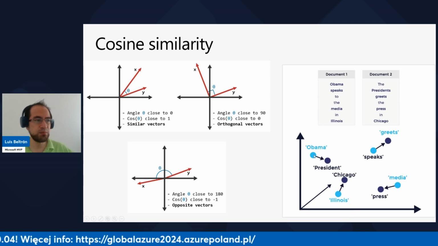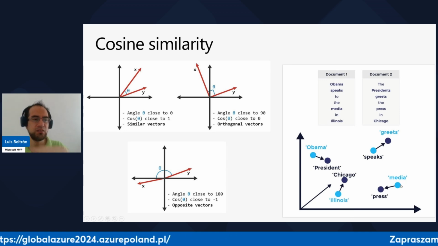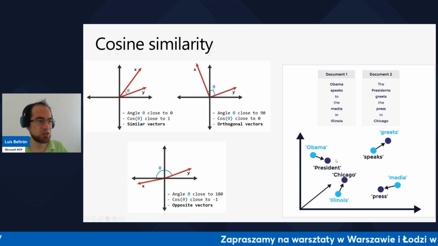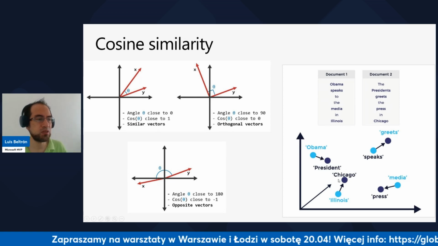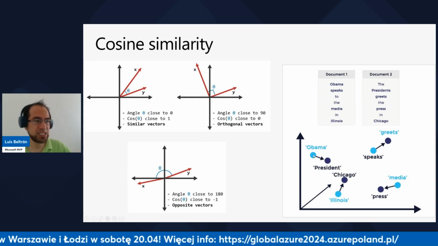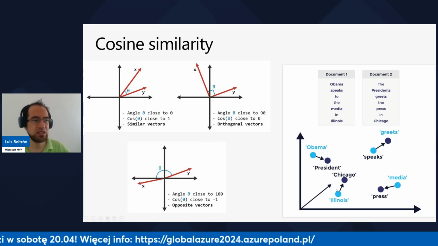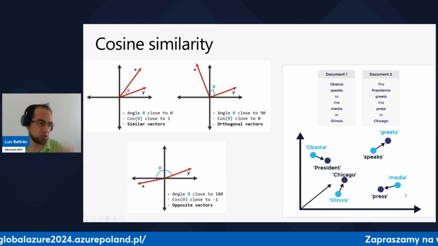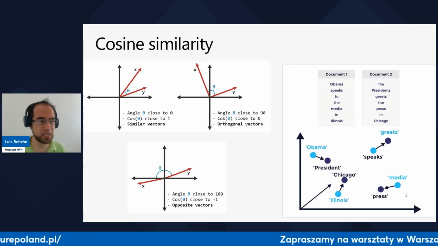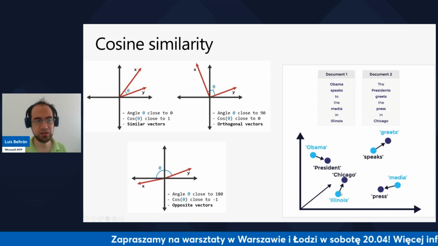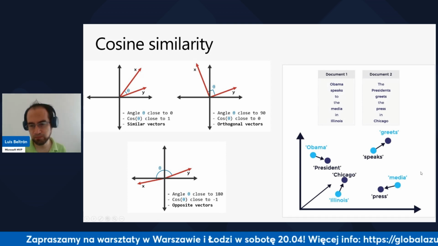But on the other hand, Obama is far from media, and also from press, right? Because here we are talking about people and the role of those people, and here we are talking about places. Somehow the distance between Obama and Illinois is shorter than Obama from media, because of course he was the president of the US. So places around the US could be closer than other terms, right?